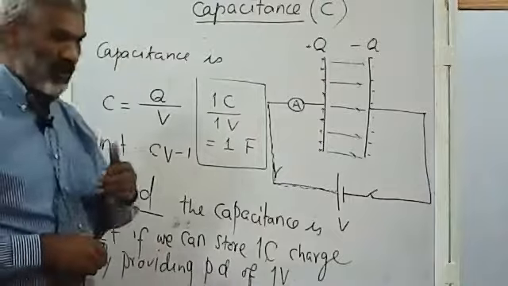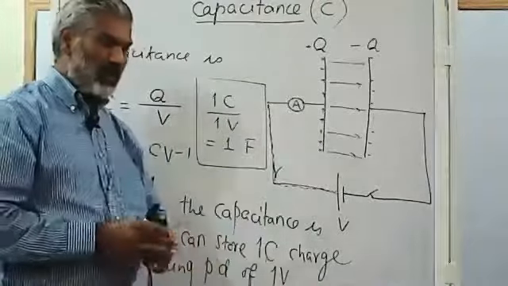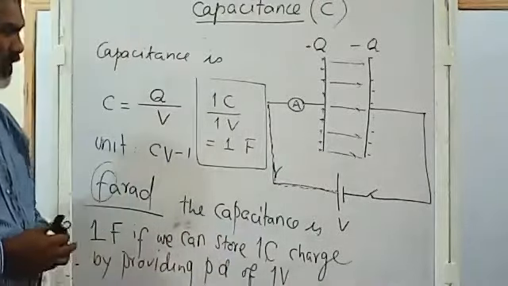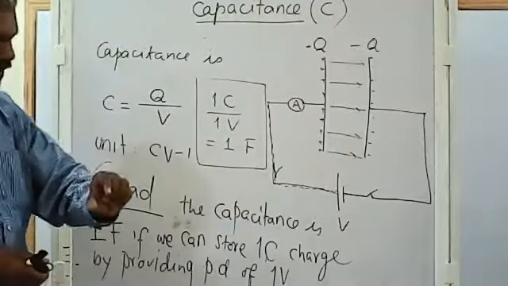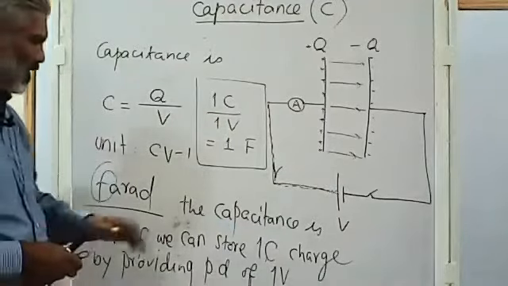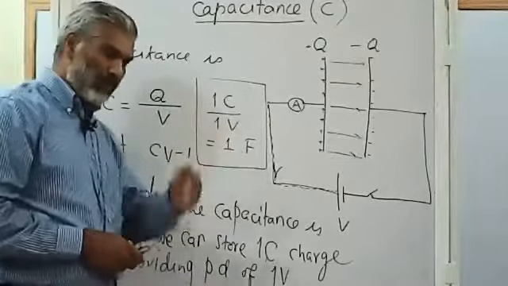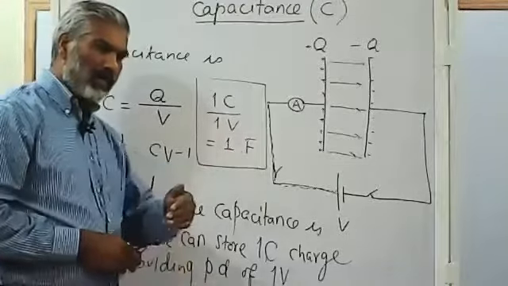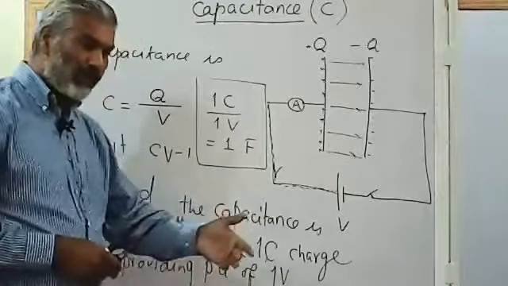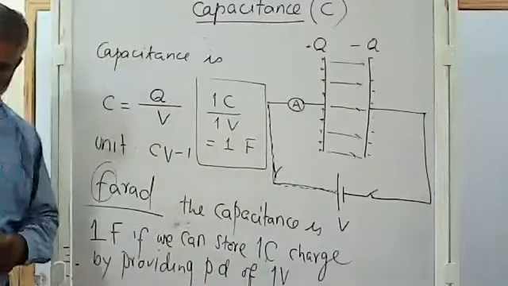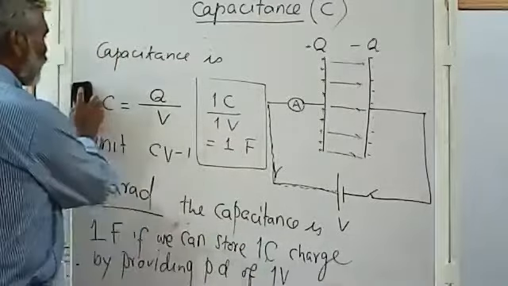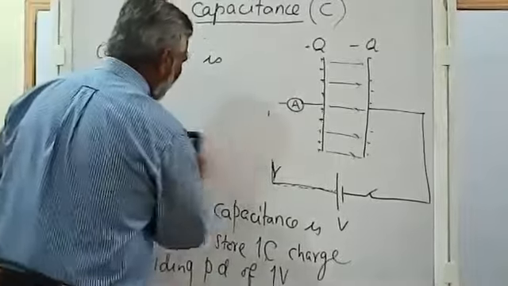In only specialized situations we create very large capacitors. Often they are very small in size, and therefore their capacitance is in the range of microfarad, nanofarad, picofarad. So this is capacitance.